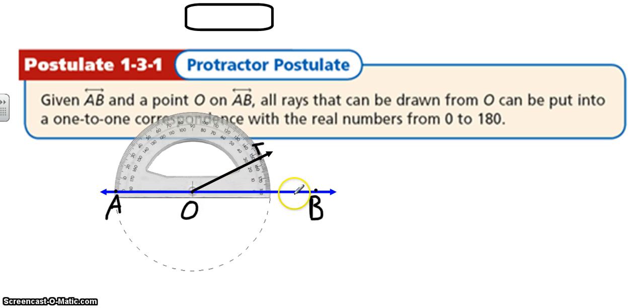Okay, so from TOB, we can measure that angle starting from ray OB and go up 10, 20, it looks like 26 or 27, right? We could also measure this angle out here, which is AOT or TOA, and we could start from 0 out here and go all the way out to 153, 154, right? So that's the protractor postulate.